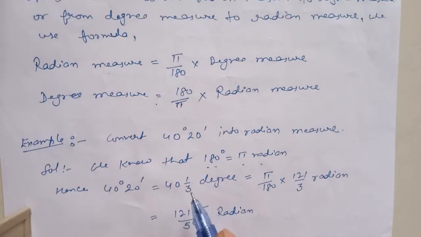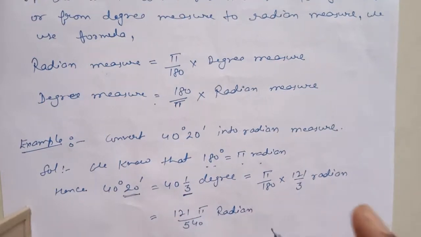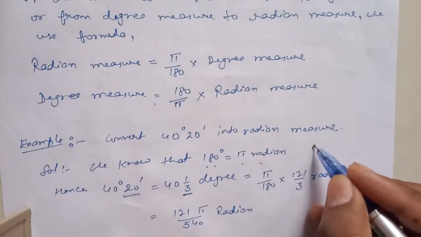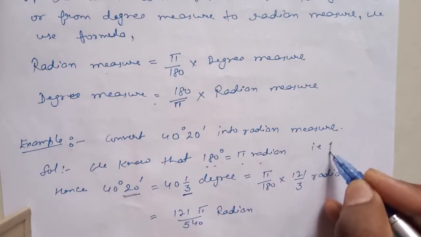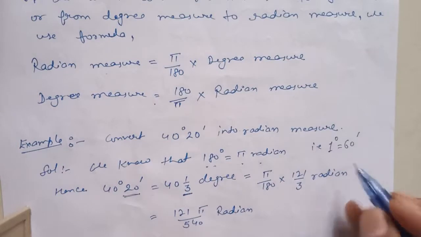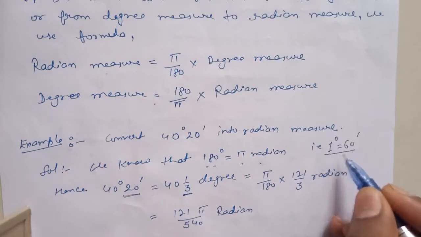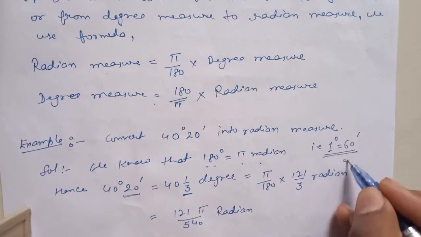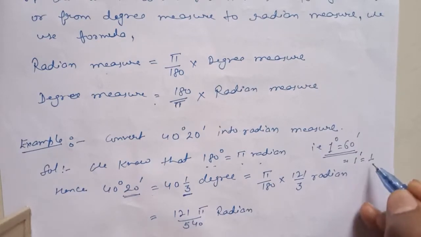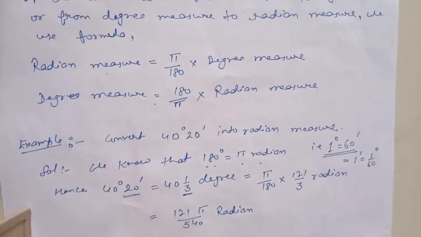Now, 20 minute is written as 1 by 3. How is that? This is because a degree is divided into 60 minutes. That is, 1 degree is equal to 60 minute, which implies 1 minute is equal to 1 upon 60 degree.